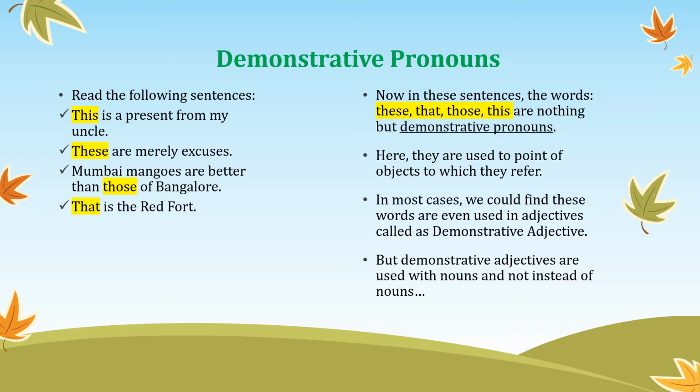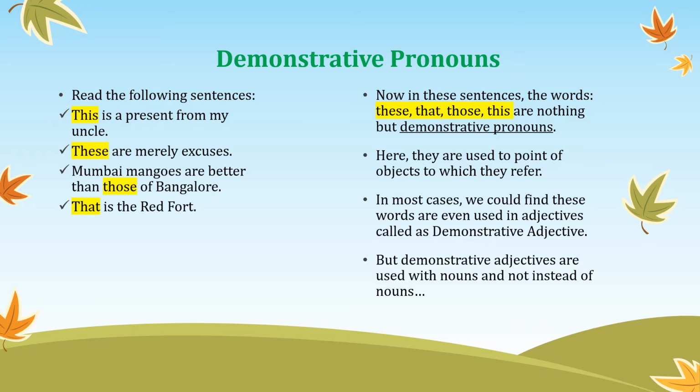But in adjectives, these words are used with nouns. Like this book. Book is a noun. If I use this before a book, that means it is used with a noun. So in this book, this is playing the role of a demonstrative adjective. I guess you have all understood these concepts with the examples provided.